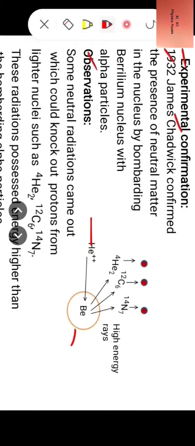Some neutral radiations came out which could knock out protons from lighter nuclei such as 4He2, 12C6 and 14N7. So these are protons which are knocked out from these lighter nuclei.